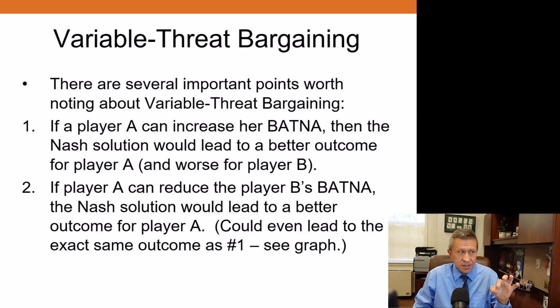The second one here, if you can reduce the other player's best alternative to the negotiated agreement, the Nash solution would lead to a better outcome for you. So this is an interesting one, right? Are there ways to sabotage the other individual?